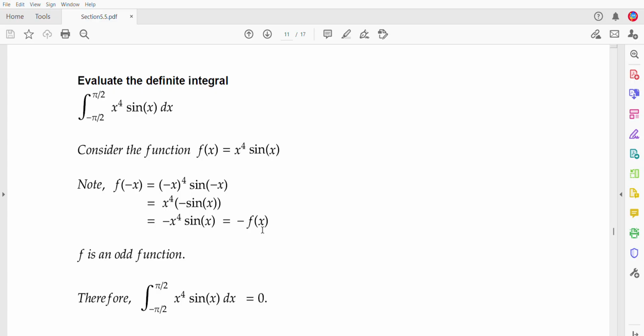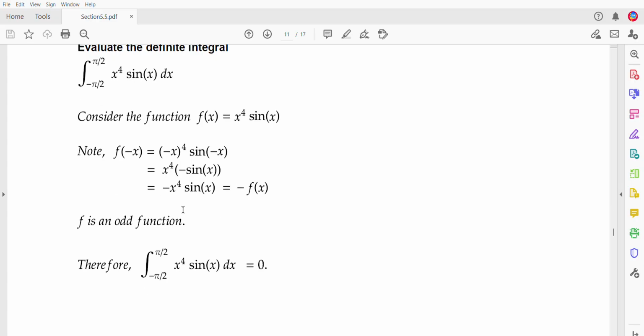This means f is an odd function. In other words, the definite integral negative pi over 2 to pi over 2 of my function f is 0. You notice how I didn't have to calculate anything. Simply because it's an odd function, as long as the limits are symmetrically opposite, its integral will be 0.